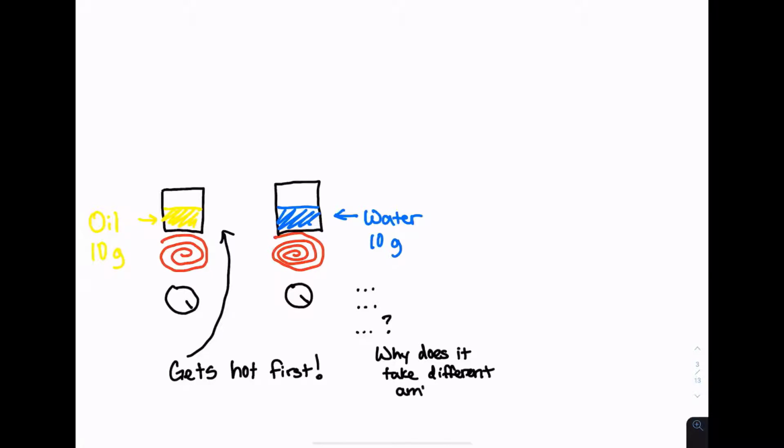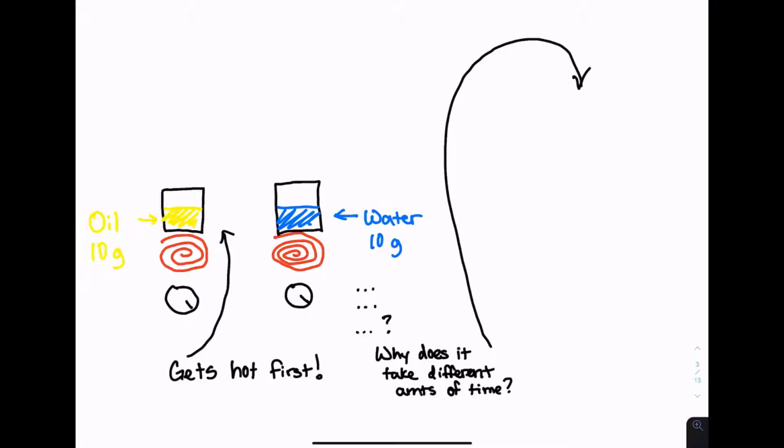Okay, so this relationship between the amount of energy that a substance absorbs and how much of that energy is there and how quickly it gets hot, all three of those factors combined come together in a relationship called the specific heat.